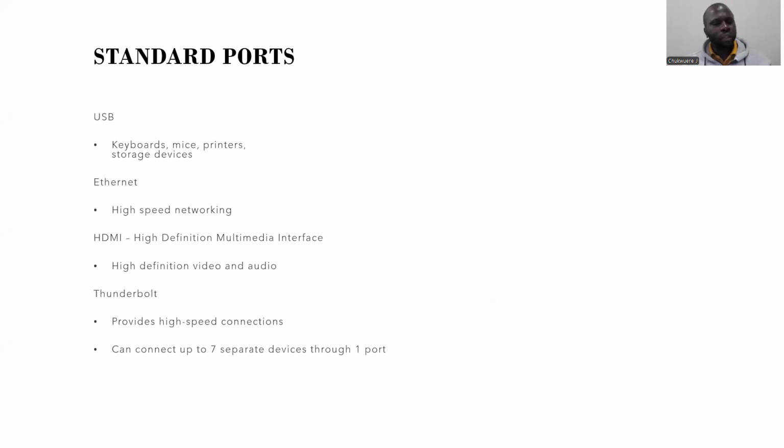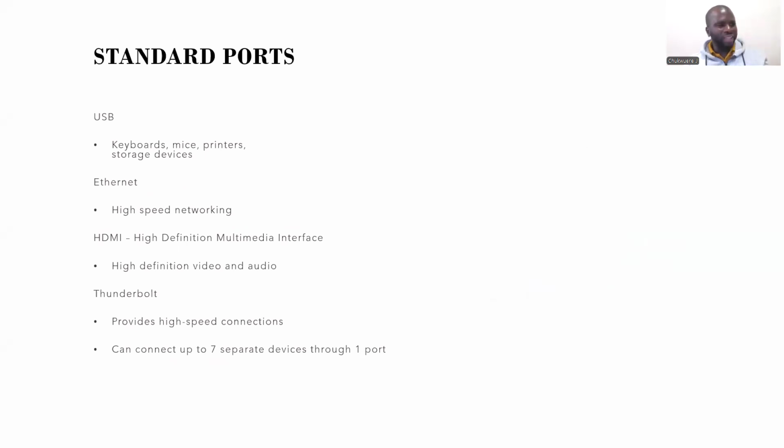Under your standard ports, what are you seeing? You are seeing things like USB, your keypad and all the rest of them. Under Ethernet, a high-speed network port.